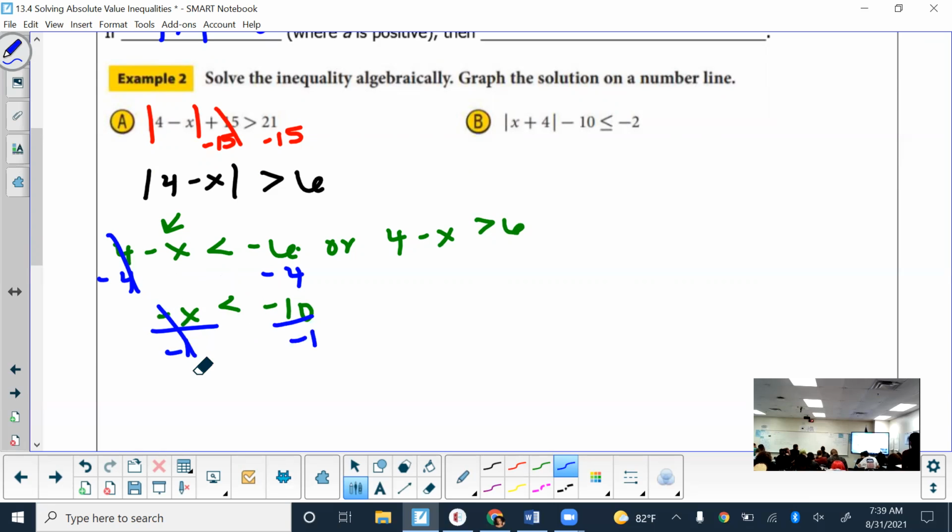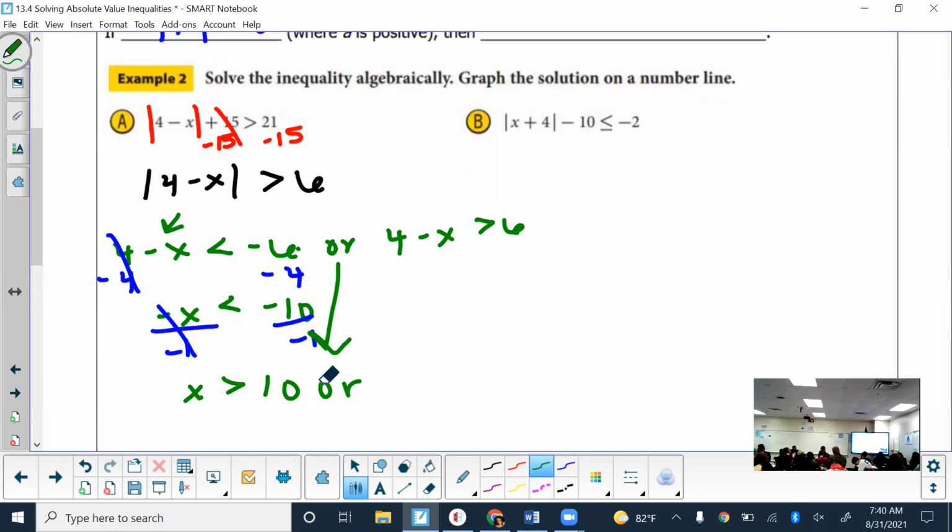The negatives cancel on the left. Do I need to flip the sign? Yes, because I divided by a negative on each side. So now it's x greater than, what's negative 10 divided by negative 1? Positive 10. And that's part of our answer.